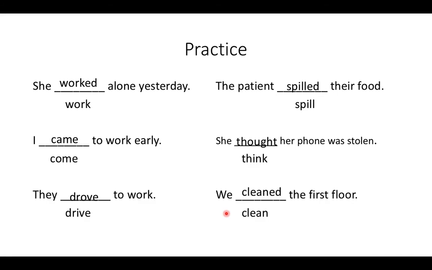If we say we cleaned the first floor, that would mean that you just did it in the past, that you only did it in the past. So, for example, if somebody asked, oh, what part of the hospital did you clean today? You would say, we cleaned the first floor. So it would let them know that that's what happened in the past. If you said, we clean the first floor, that would tell the person that you do it all the time.